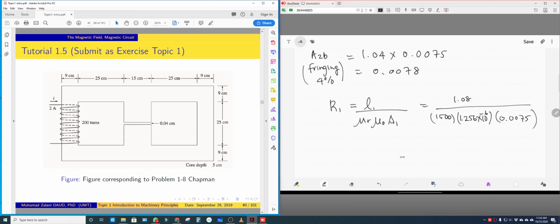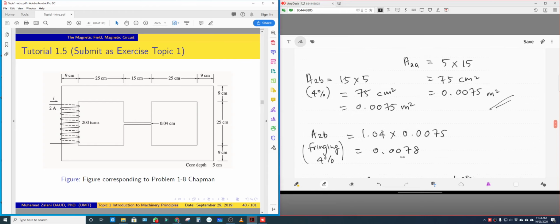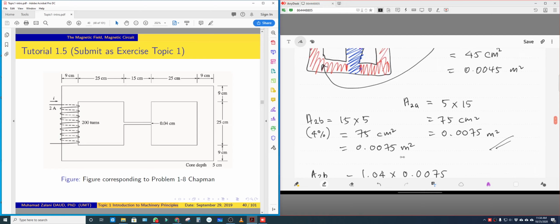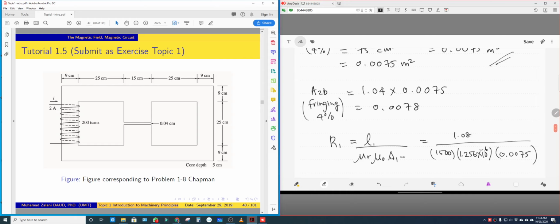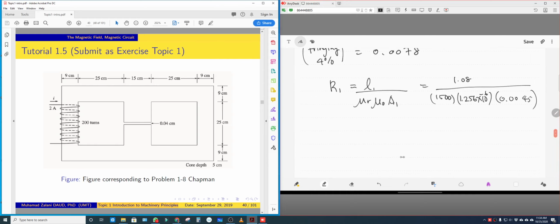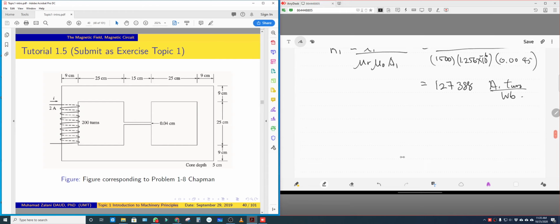Alright. 0.0075 bukan, 0.0045 sorry. 0.0045. Okay, itu untuk R1. So we get 127.388 ampere turns per Weber.